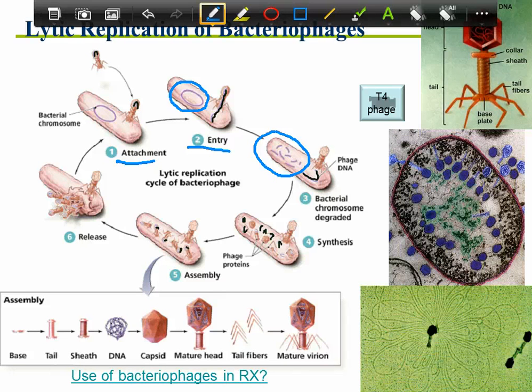The host cell can't even read its own genes. Its genetic information is destroyed. It is totally given over to being an incubator for viruses. So the only genes it can read are viral genes. So now we have synthesis of the viral particles and assembly, and then, of course, lysis right here. And down here at the bottom, you see some of the steps of assembly.